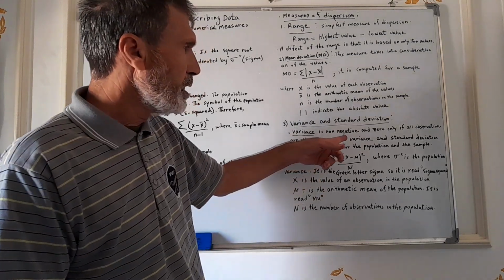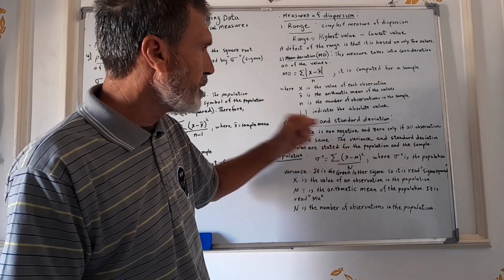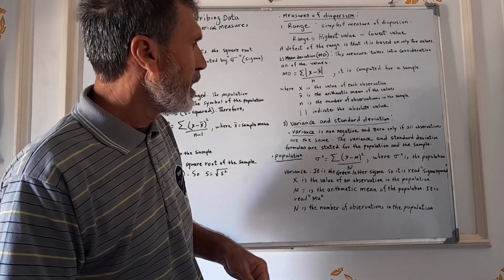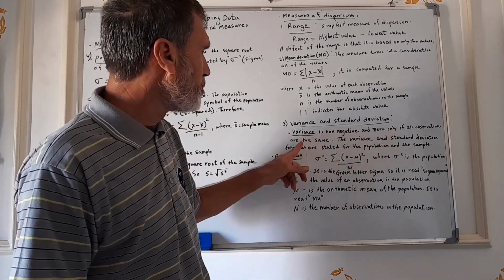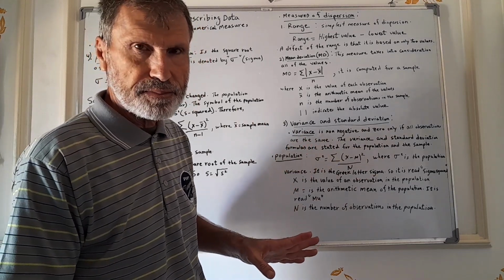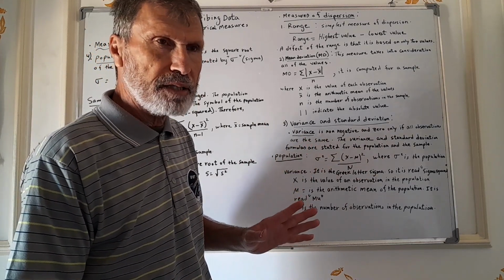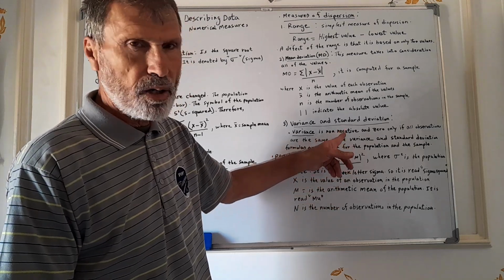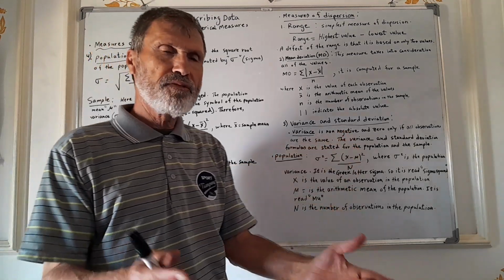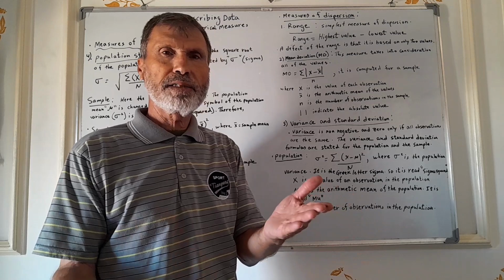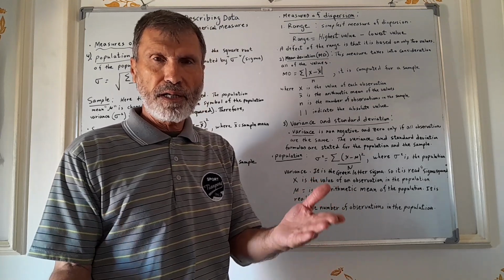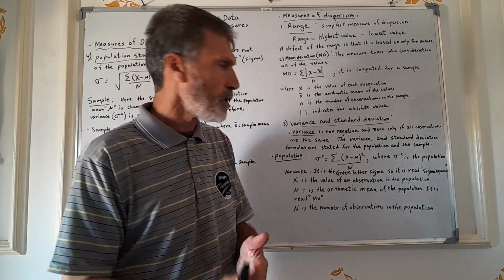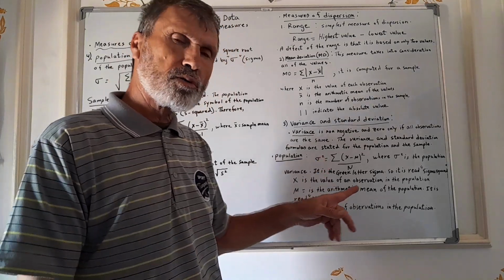As you can see, the variance is non-negative, of course, and is zero only if all observations are the same. It's non-negative because we take the square of the difference between x and the mean of the data in the population.